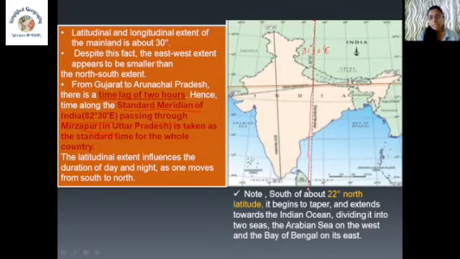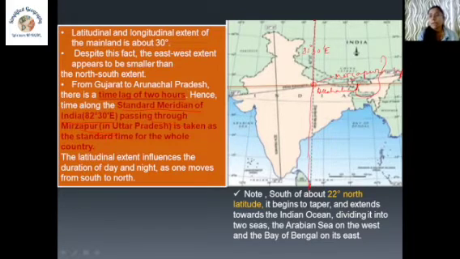So actually this line is 82° 30', which is located near Allahabad, or the actual location is Mirzapur, you can say, these places in UP, Uttar Pradesh, and it is 82° 30'.